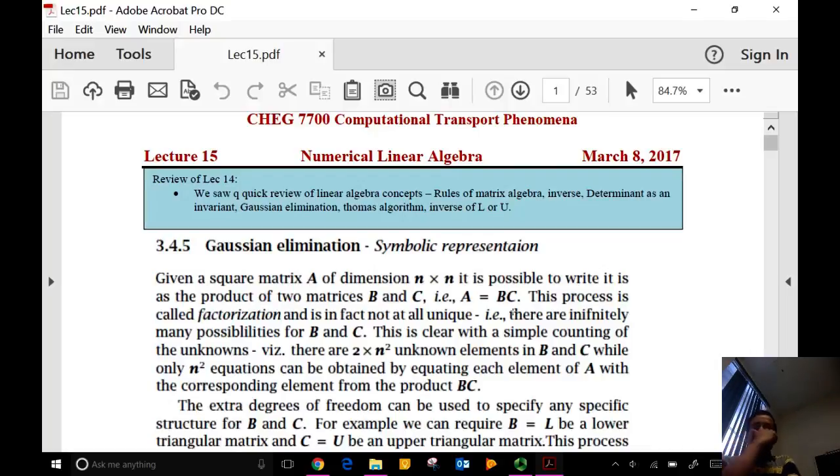Okay, so in the last class we reviewed basics of linear algebra, went through the definition of a determinant, the LU representation, inverse of a lower triangular matrix, and Gaussian elimination, Thomas algorithm being a variant of that.